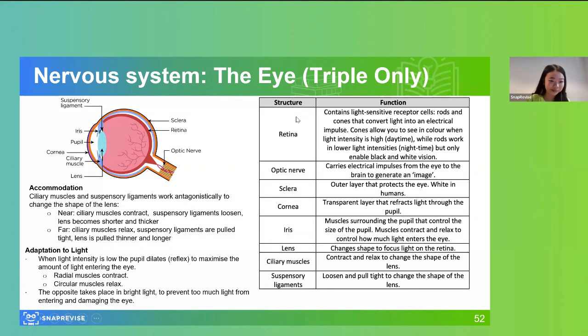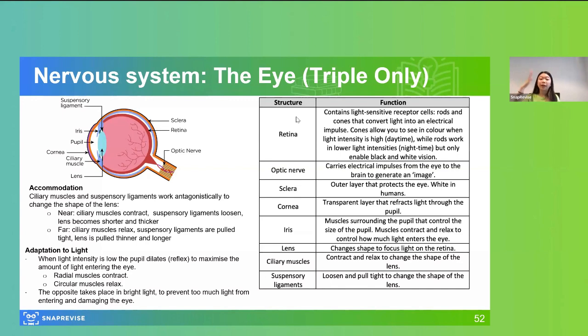Okay, let's explain that. I'm going to explain it again with the circular muscles and radial muscles. I think everyone understood the near and far one. I feel like that one was explained more clearly than what I said about the light. So let's go back to the light.